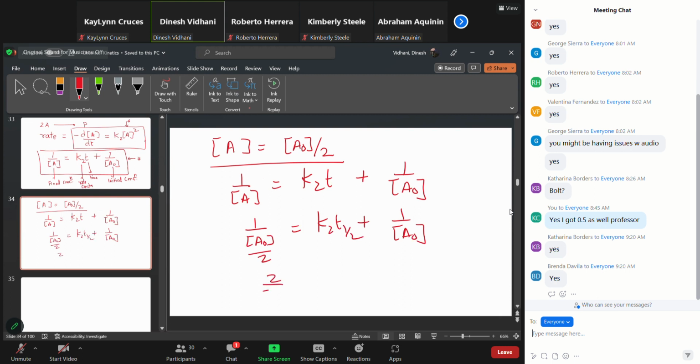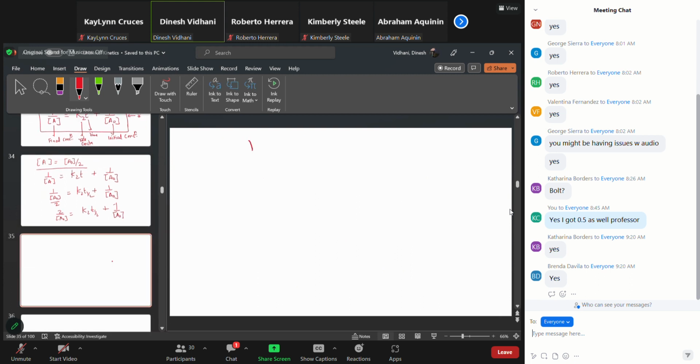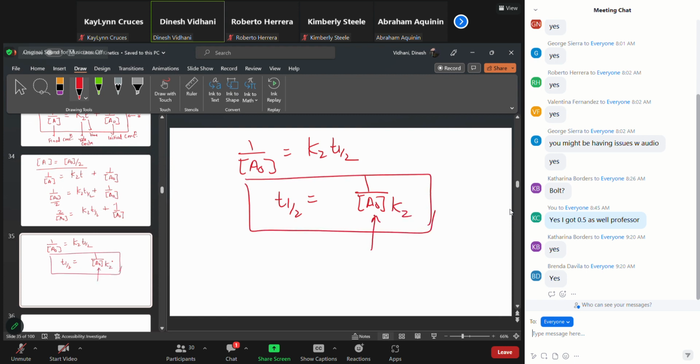I can rearrange this, and finally I can say 1 over A0 equals K2 t half. See, this time, my t half does depend on my initial concentration. So the higher the initial concentration, the lower the half-life. Unlike the first order reaction, in a second order reaction it does depend on that.